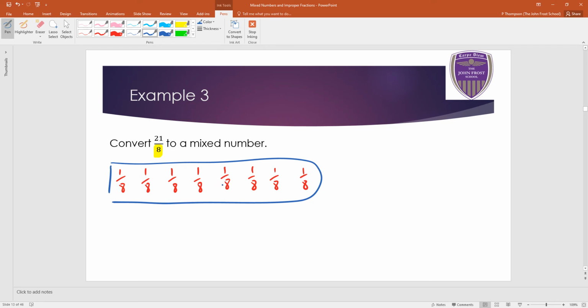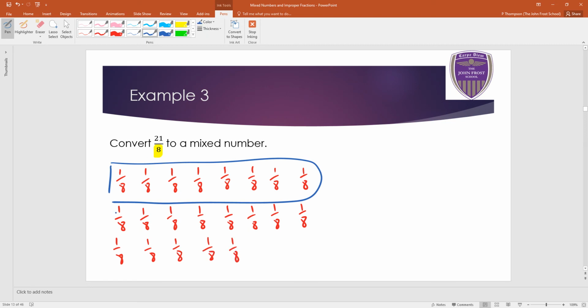How many whole 8s would be in 21? We can keep on going if we want. Let's see, 1/8 again. Look, so that's 9, 10, 11, 12, 13, 14, 15, 16. And that's a whole 1, 17, 18, 19, 20, 21.